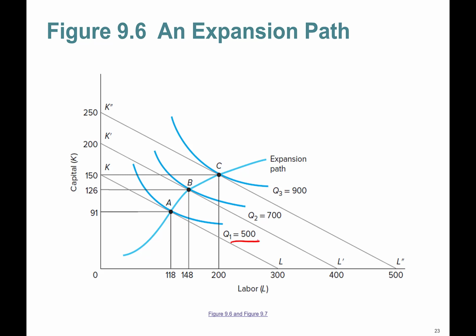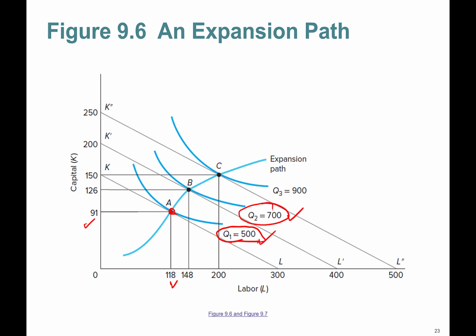So this is the level where I want to produce 500 units of output. Point A gives me the optimal capital labor input combinations, 118 and 91 labor and capital respectively. If I increase my production by 40%, so this is a 500 to 700 increase, right?